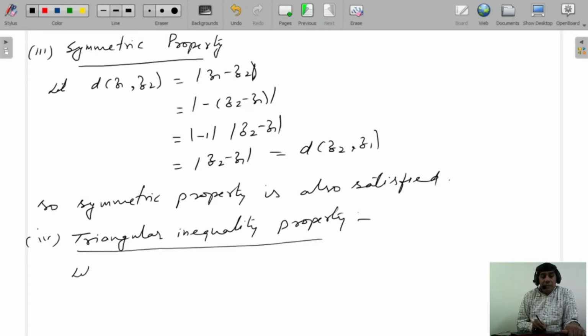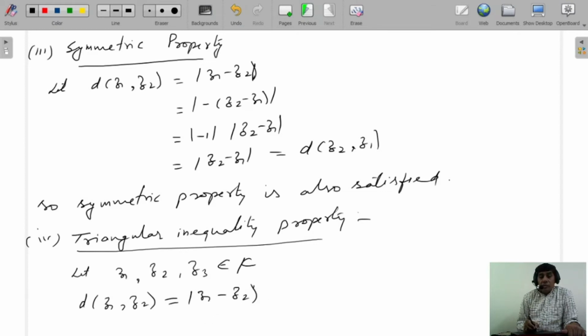Let z1, z2, z3 belong to C. d(z1, z2) is equal to modulus of z1 minus z2, which is equal to z1 minus z3 plus z3 minus z2.